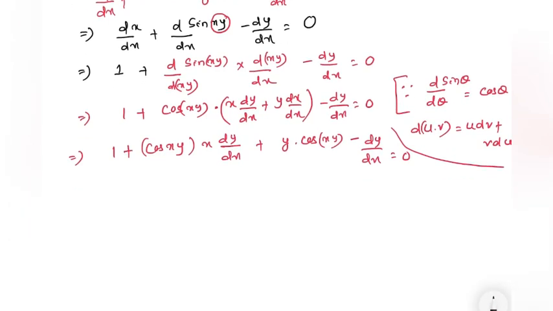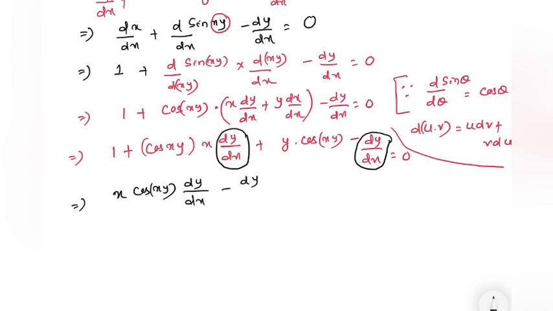Next, there are two places where you are getting dy by dx. Now write side by side x cos xy dy upon dx minus dy by dx, and take the other terms to the right hand side: minus 1 minus y cos xy.